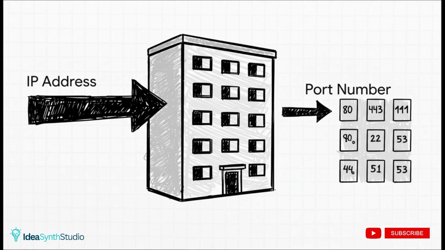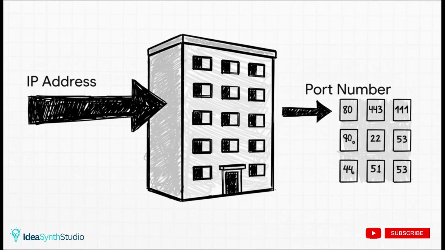Okay, so how does the network know exactly where to send stuff? I mean, a socket isn't just a generic plug. It has a totally unique address, and that address is made of two key parts. First, you've got the IP address. That's like the street address for a specific computer on the internet. It answers the question, who are you? But a single computer can be having tons of different conversations at once. That's where the port number comes in. Think of the port as the specific apartment number at that street address.